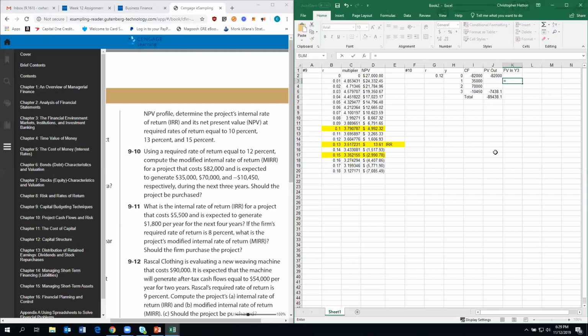So we got to go equals 35,000 times 1 plus rate raised. Now here's the tricky part. So if we're in the first year and we're trying to get the future value of what it would be in 3 years, we have to subtract these 2.